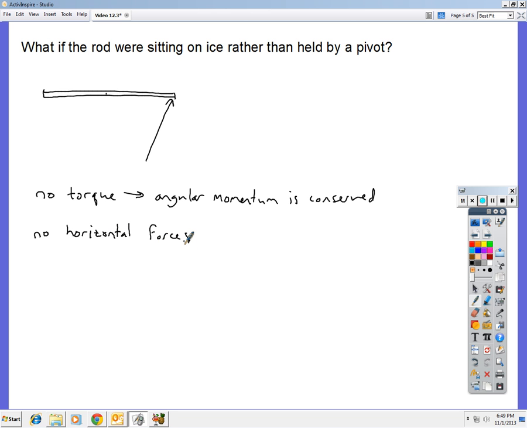And if you recall back from several chapters ago, if there are no forces that act on a system, then its linear momentum will also be conserved. So in the previous example, angular momentum was conserved, which meant that the rod started rotating. Now here, linear momentum is conserved as well. So the whole thing is going to start moving in the original direction of travel of the bullet while spinning.